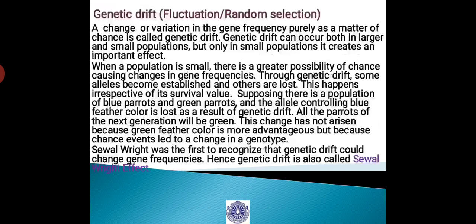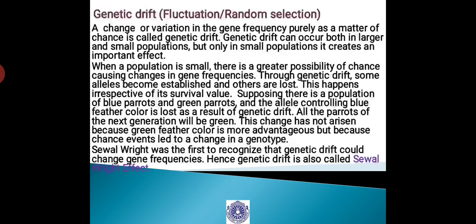Supposing there is a population of blue parrots and green parrots, and the allele controlling blue feather color is lost as a result of genetic drift, all the parents of the next generation will be green only.